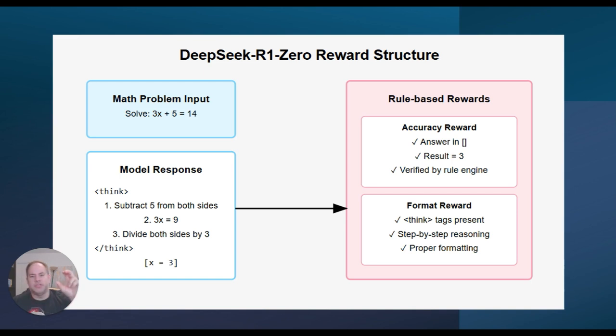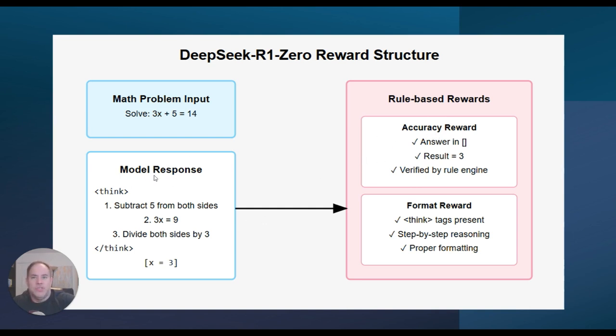There's the think tag, and it'll go through and say something along the lines of, if I'm doing object-oriented programming in C++, I'm going to have to learn about inheritance, polymorphism, classes, objects, methods, all these different things, and it's basically showing its work. And so the format reward is, are you showing your work? And then the accuracy reward is, did it get the answer correct?